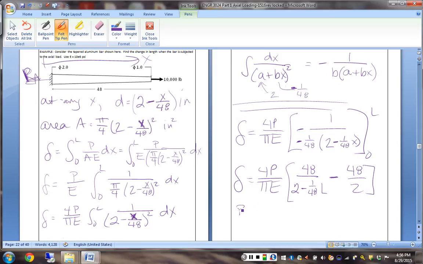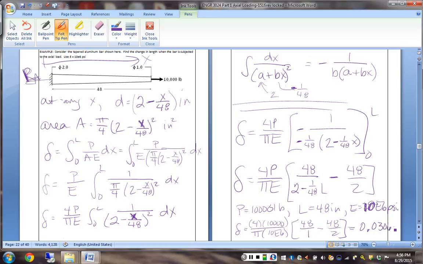At this point, we substitute our 10,000 pound internal force, our 48 inch overall length, and our modulus of 10 million, and we get that the deformation is 4 times 10,000 over pi times 10 million times 48 over 1 minus 48 over 2, and that ends up being 0.0306 inches.